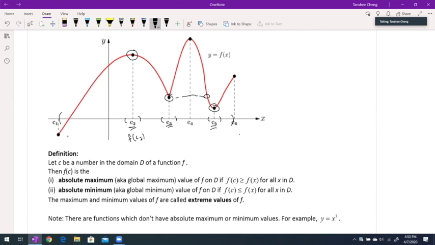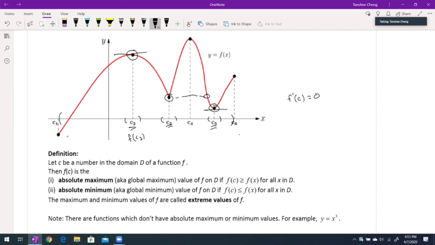The critical numbers are basically when f prime of a particular number C is equal to 0, because if it's a local max or local minimum, it's a peak, and at that peak the slope of the tangent line is 0. So that's where this idea comes from, f prime of C equals 0.